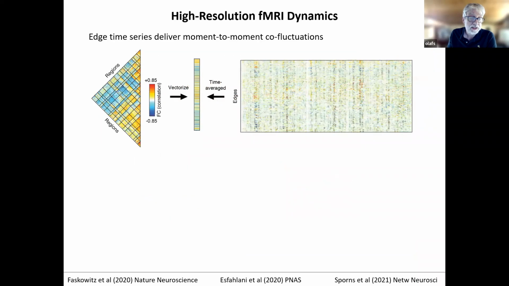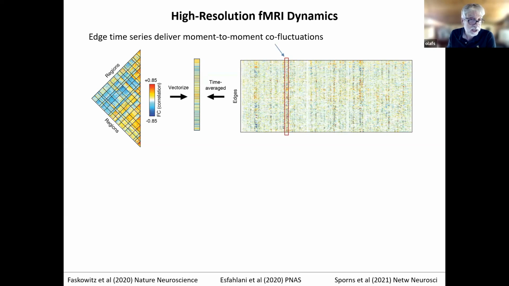When you do that, you get rasters of edges over time that have this interesting sort of a striped pattern to them. There are moments in time when co-fluctuations are particularly high. We were concerned initially because these are usually or can be indicative of problems in the MRI acquisition, unwanted physiological signal or noise.